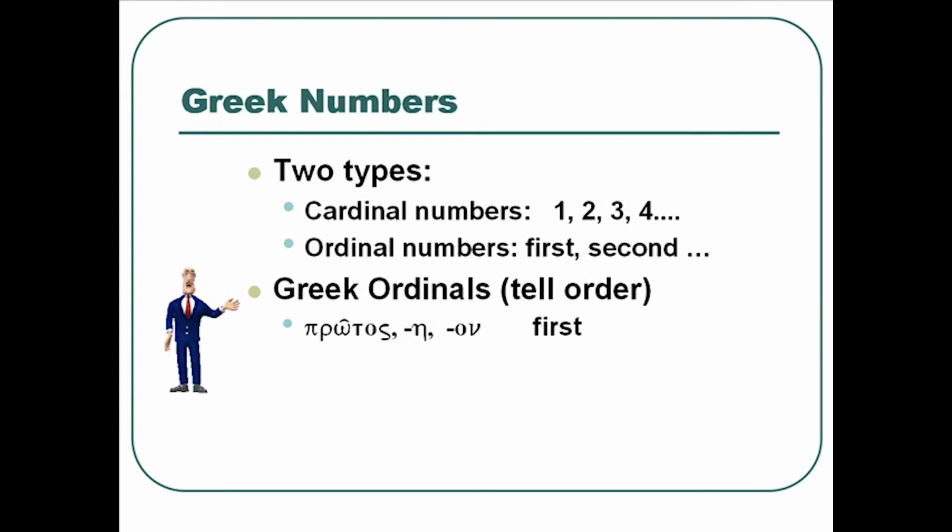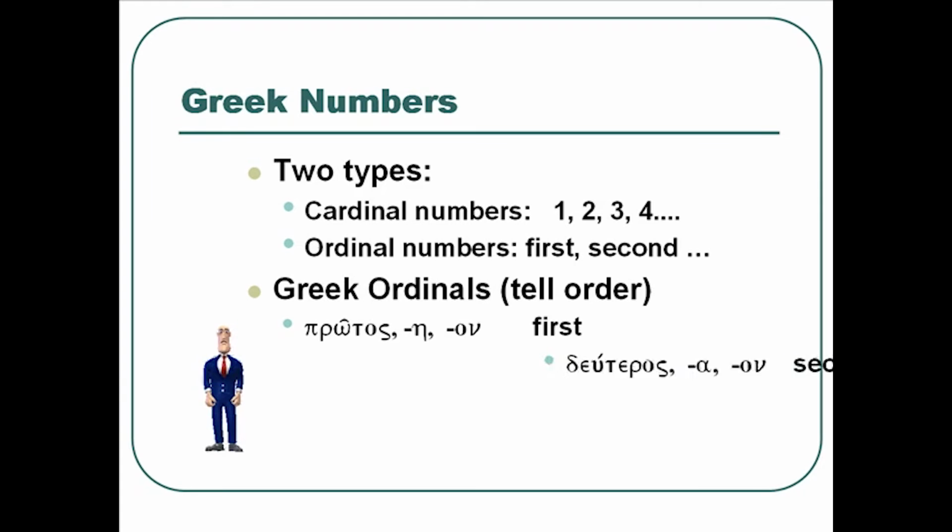So examples of the Greek ordinals are protos, e, on, which means first. Deuteros, a, on, means second. You can see like Deuteronomy. Deutero, second, nomos, law. Deuteronomy, second law.